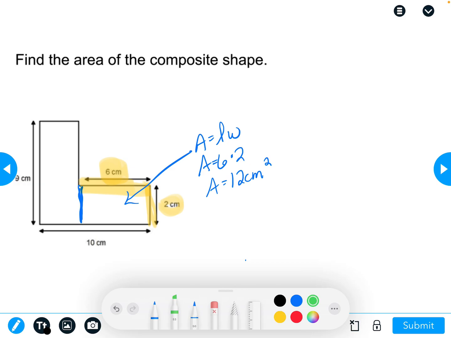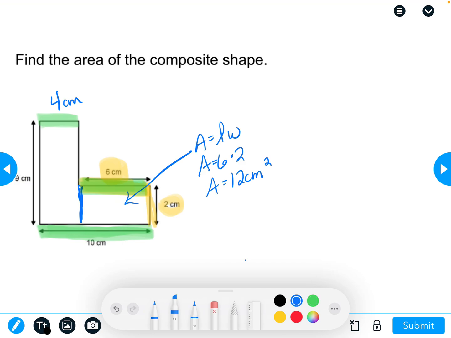Now let's take a look at the other one, a little bit trickier. We need this length here, and it's not given to us. But we do know the whole bottom is 10, and this part is 6. When we're given a whole side and part of a side, we're going to subtract them. So 10 minus 6 gives us a distance of 4 centimeters for that top.